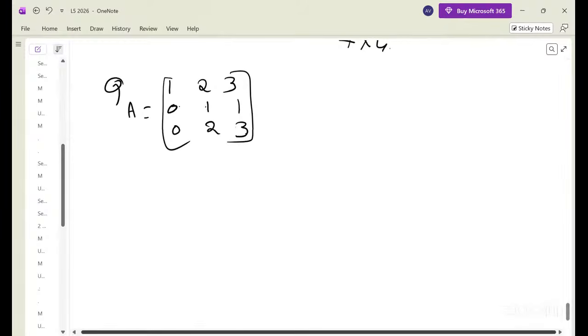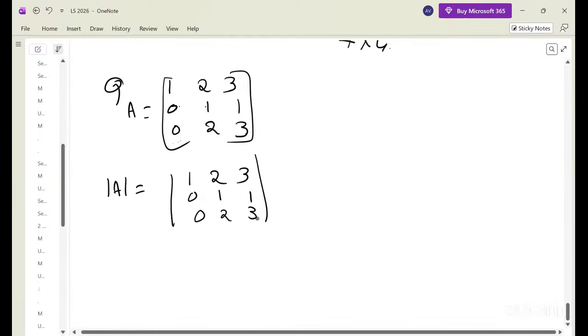This is the one. So for this, what is the rank? We have to find the determinant. In this, it is not upper triangular, no property. These two are equal, but here it is 0, it is not 1. So we have to expand. The shortcut will not work. If you expand the determinant, you can expand along any row or any column. Let us expand along the first column. Plus first, what will you get? This is nothing but 1 times the determinant 1, 1, 2, 3.